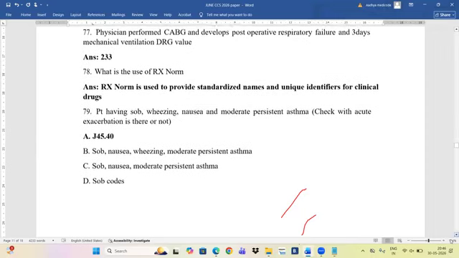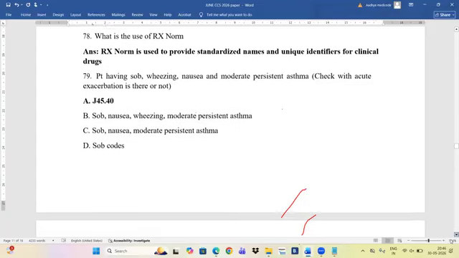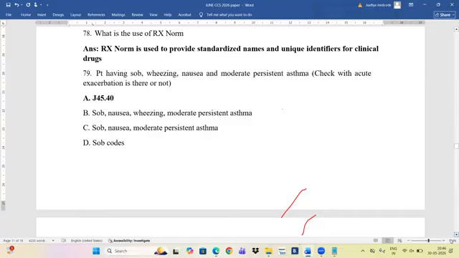Patient has shortness of breath, wheezing, nausea, and moderate persistent asthma. How will we code the scenario? Only asthma. Moderate persistent asthma we need to code.